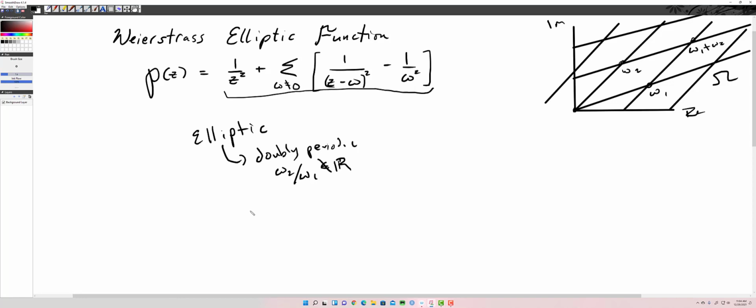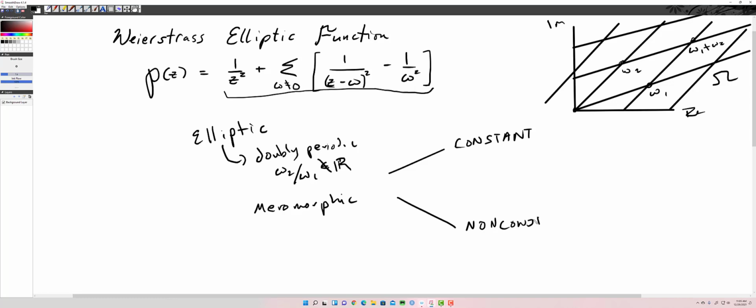We also had that it was meromorphic. We found that it could either be constant or non-constant. And in the case that it's non-constant, it has to have the same number of poles as zeros.